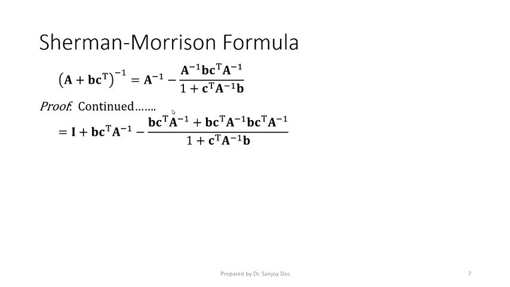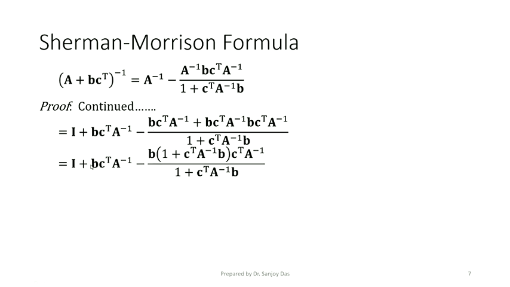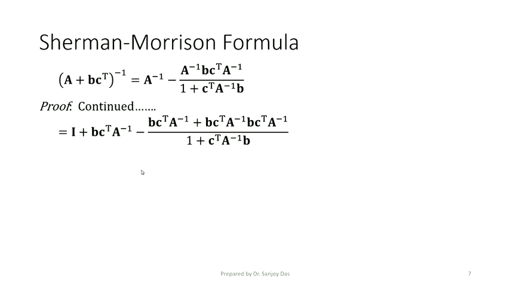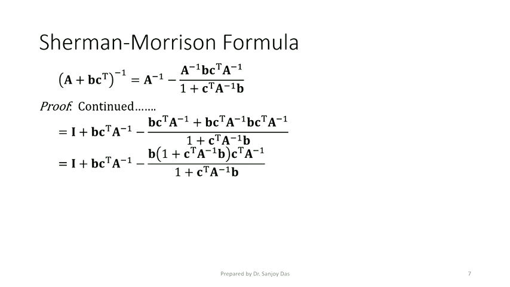So this is what I have. A A inverse is I, right? A A inverse is the identity matrix. So that's I plus BC transpose A inverse, negative of this. This denominator, you know, is a scalar. Otherwise, you cannot divide. Now, then what I do is I see there's B on the left-hand side of both.